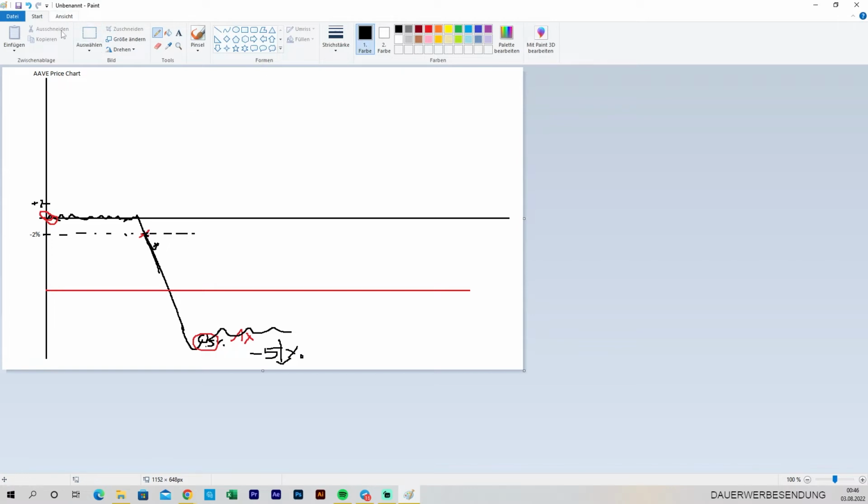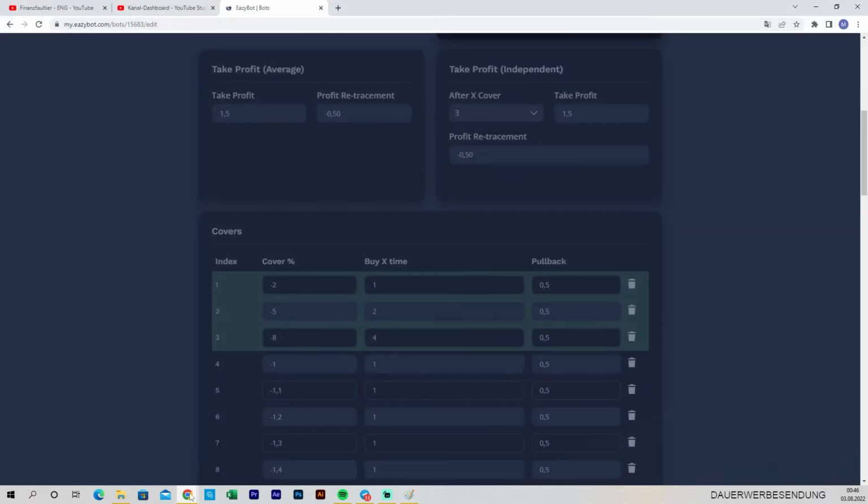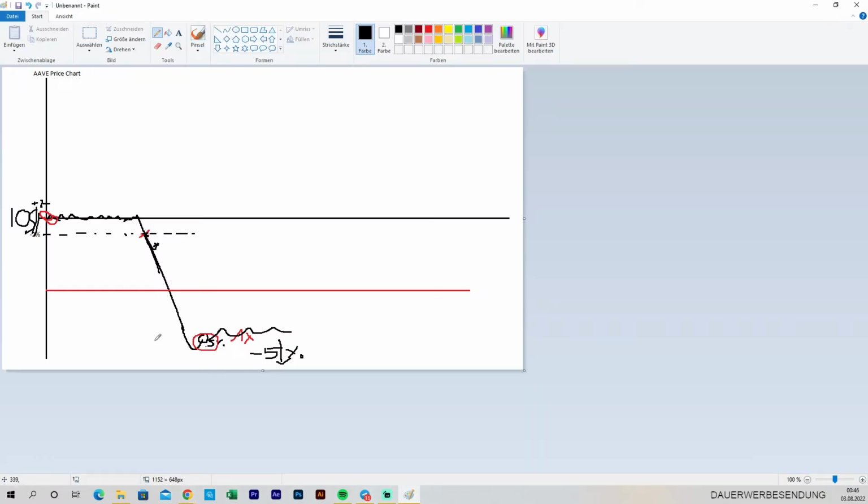So if we bought, let's say, $10 here, and another $10 here, one time again, and then it goes down here, crosses a line, and we buy here again at 2x, and that brings the average down again. I hope everybody understands this.